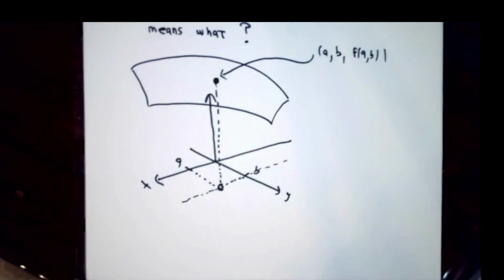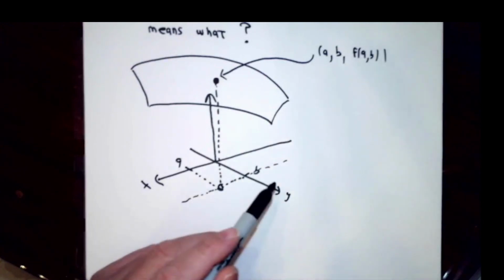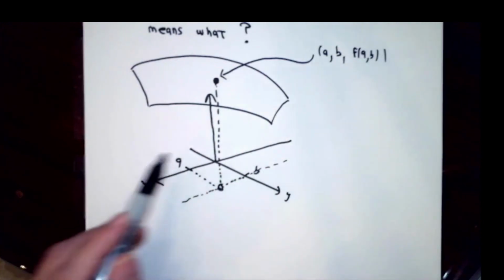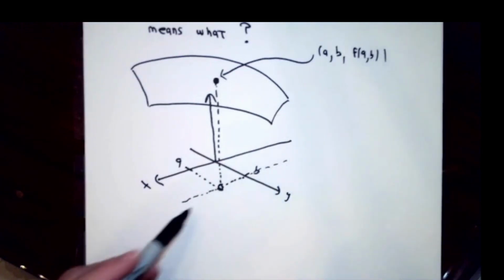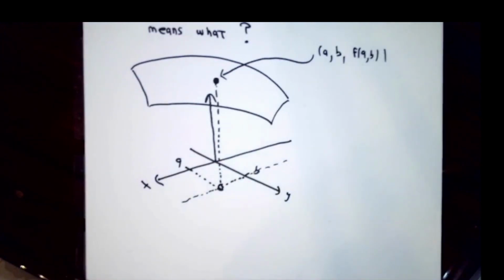In the definition, I look at a difference of function values, but I hold the y-coordinate constant and let the x vary. So when I'm thinking of the partial with respect to x, I'm not thinking about all points down in the xy plane. I'm only thinking about the points that I get when the y coordinate is held constant to b.